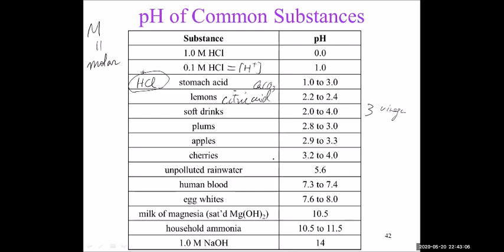And then the rainwater is 5.6, a little surprising because the water is supposed to be 7, simply because there is carbon dioxide gas in the air. The carbon dioxide dissolving in water makes carbonic acid, and carbonic acid is weakly acidic.